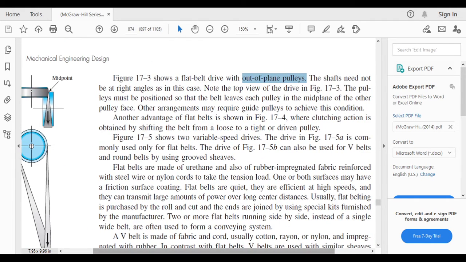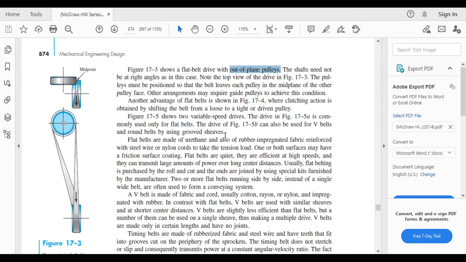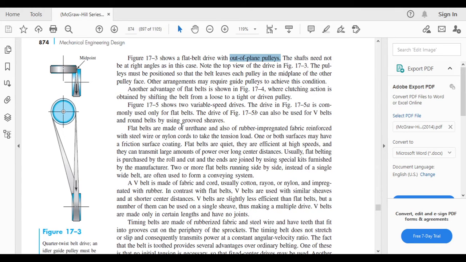The shaft need not be at a right angle. As in this case, note the top view of the drive is not in the center. The pulley must be positioned so that the belt leaving each pulley lies in the plane of the other pulley face. Other arrangements may require a guide pulley to achieve this condition.